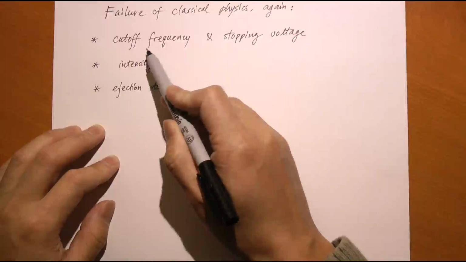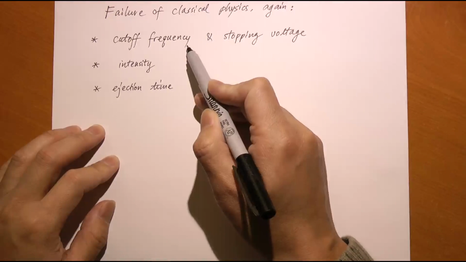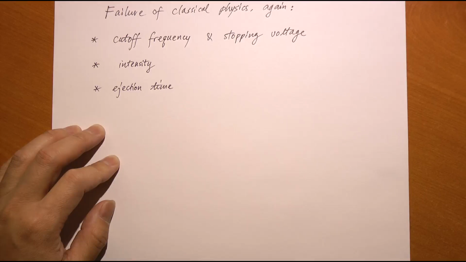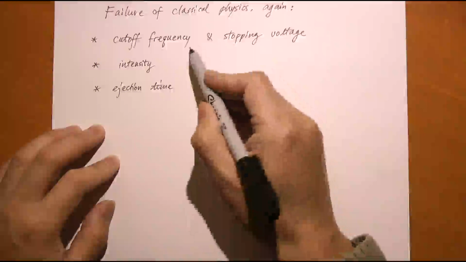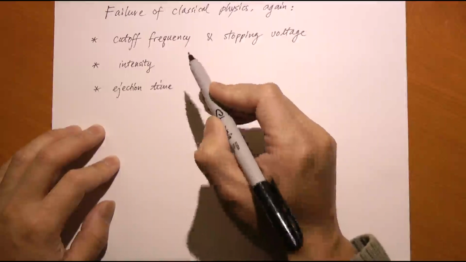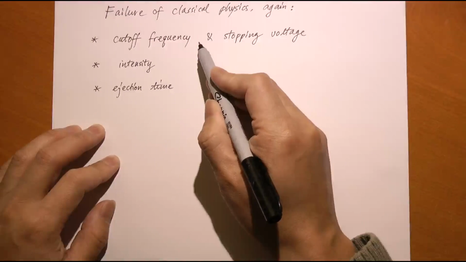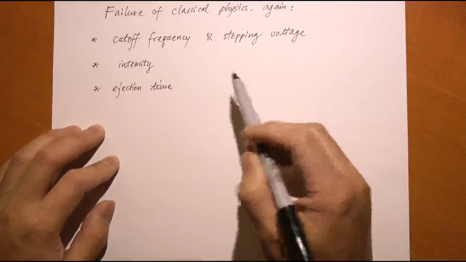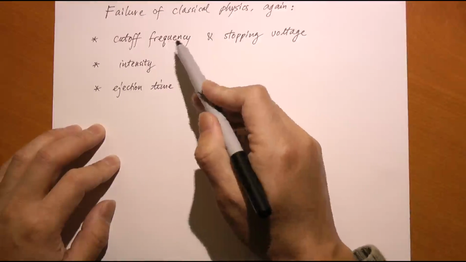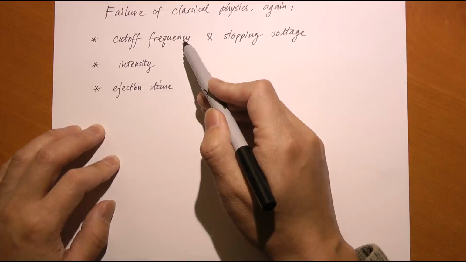First of all, there's what's called a cutoff frequency. This means that if the incoming beam of light has a frequency that's lower than that frequency, nothing happens. No matter how strong, no matter how bright that beam of light is, nothing happens. And as you increase the frequency above the cutoff frequency, of course, there will be photoelectrons.